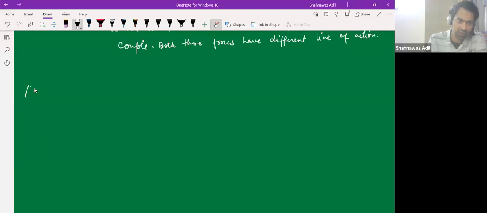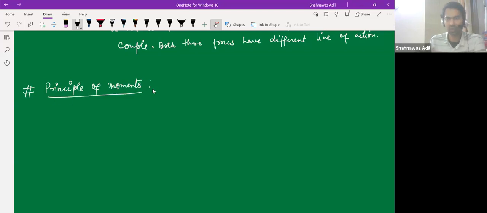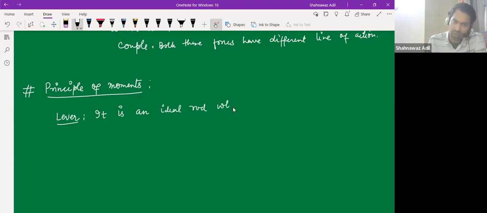This topic comes under the moment of force. So what is the use of the moment of force, the angular momentum? In the principle of moments we have this lever. So what is a lever? It is an ideal rod which has negligible mass.